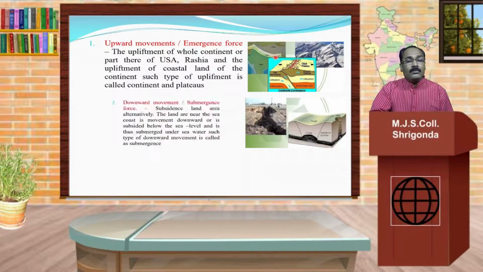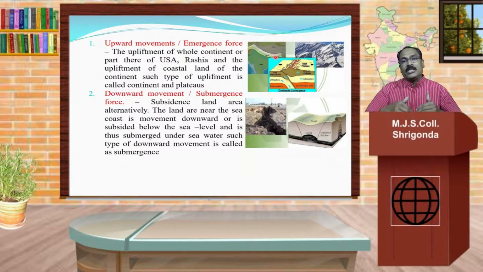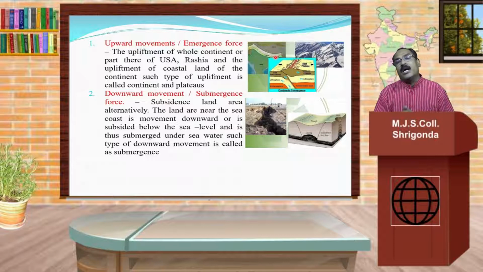Okay, now downward movements, then the submerge force. Subsidence of land area: the land near the sea coast moves downward, or subsides below the sea level, and is submerged under the sea water.